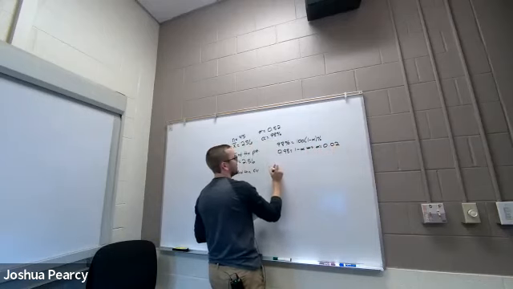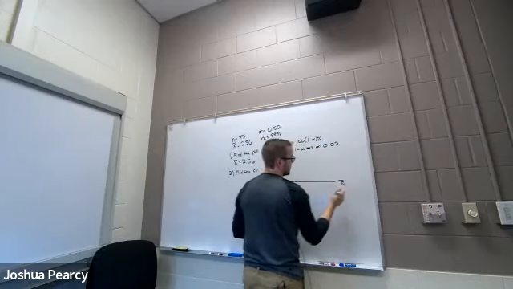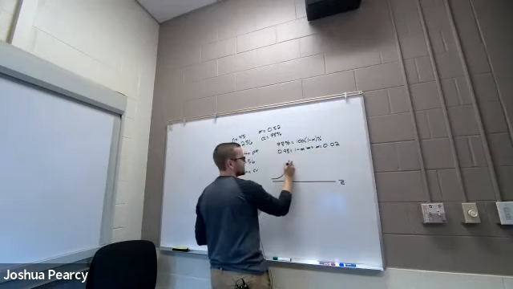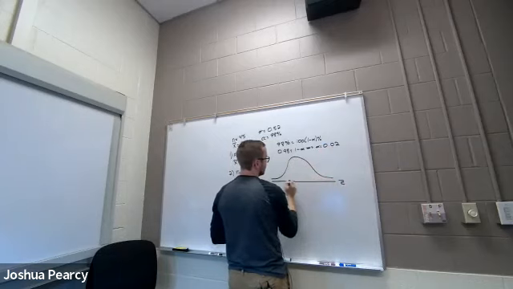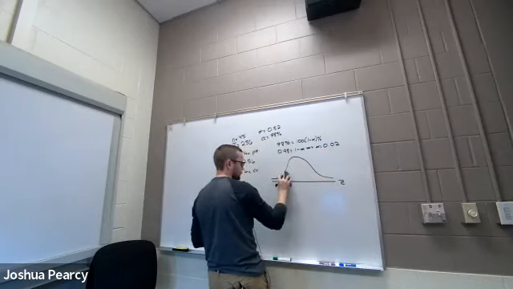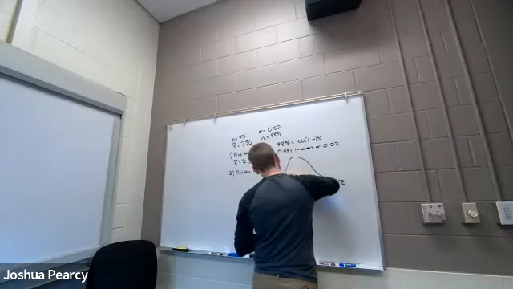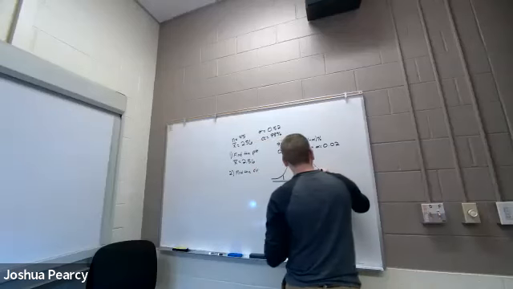And whenever we look at the critical value, here we have the distribution of the z-scores. And we have some lower boundary here and upper boundary here.